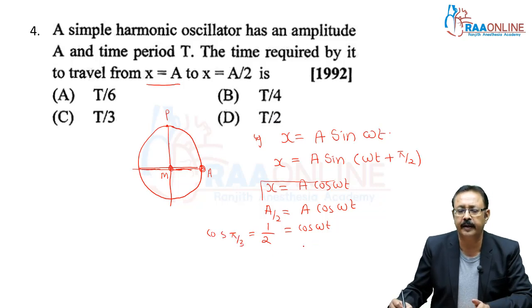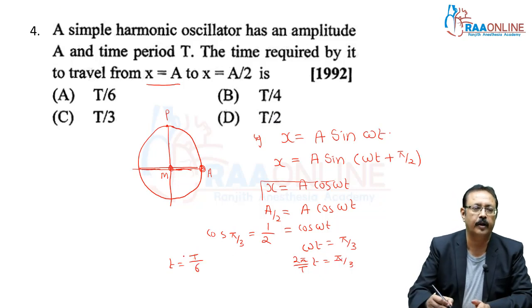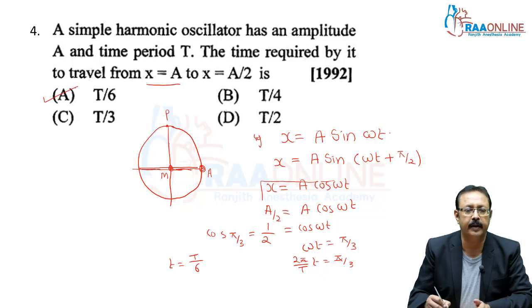So omega t is equals to pi by 3, but omega is 2 pi by T. Now we can calculate the value of small t. Cancel pi with pi, and we get T by 6. So we are going with option T by 6.